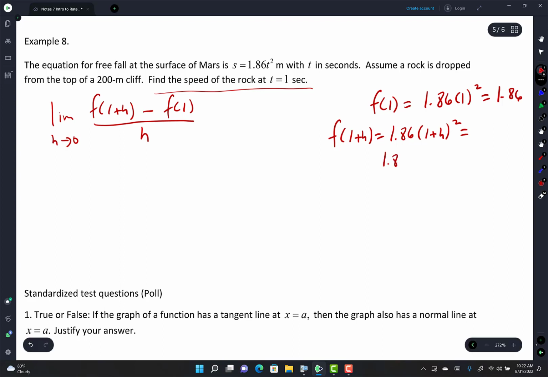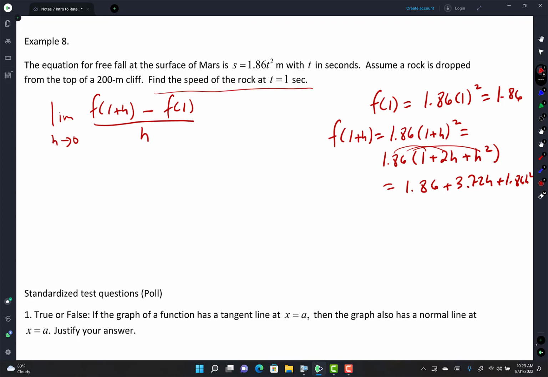So 1 times 1 is 1. 1 times h is 1h, but you're going to have how many of those? So 2h, and h times h is h squared. Distribute the 1.86. 1.86 plus 3.72h plus 1.86h squared.